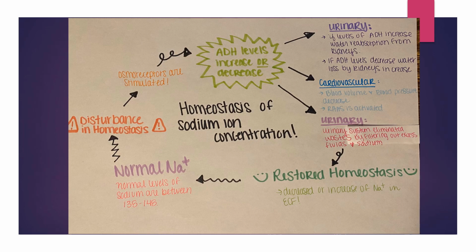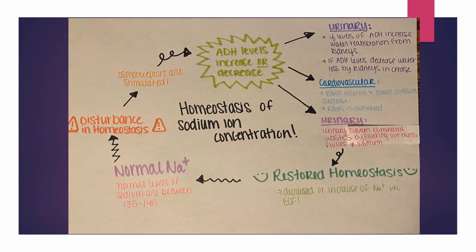Whenever we have a disturbance in the homeostasis, or our levels have either dropped or raised, our cardiovascular system has RAS activated, or renin-angiotensin-aldosterone. Which basically means our blood volume and blood pressure decrease.